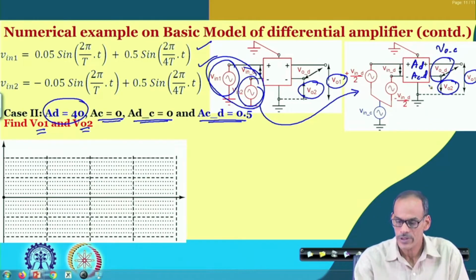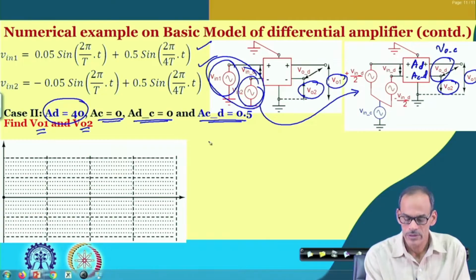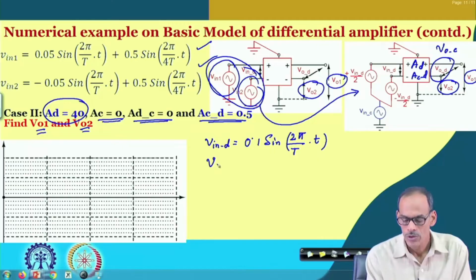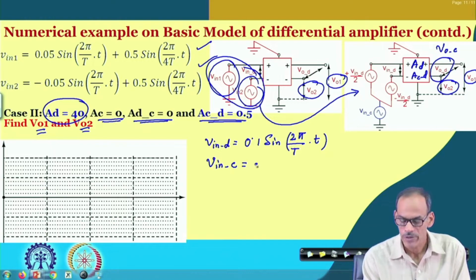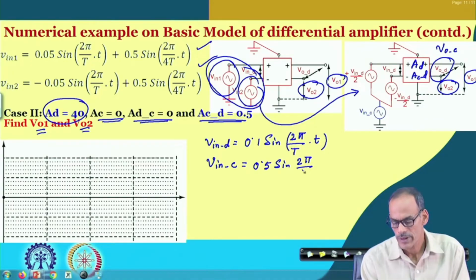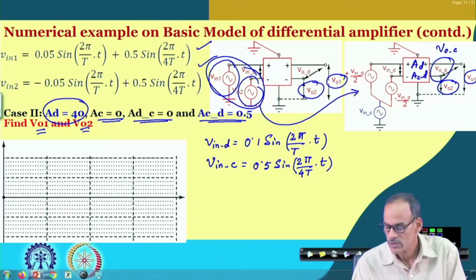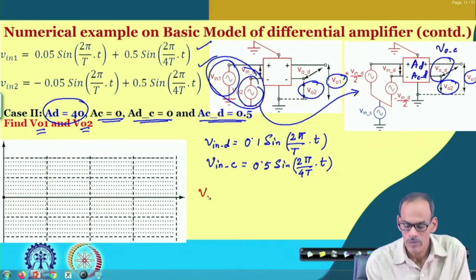So, probably we can say that VinD equals 0.1 sin 2 pi by capital T into small t, VinC equals 0.5 sin 2 pi by 4 capital T into small t, and from this we can calculate the corresponding VOD.